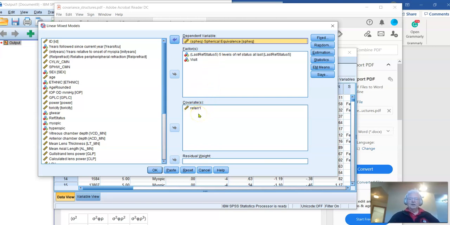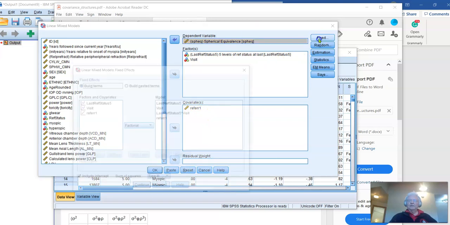We want to basically make everybody the same, statistically, at the beginning, when they first entered the study, so that we have that equivalence and then go from there.